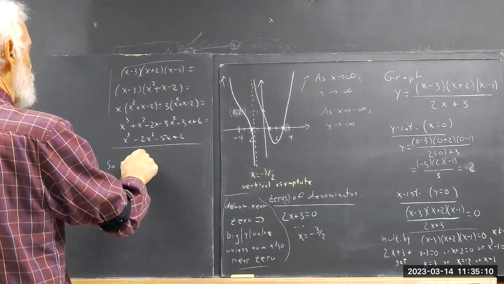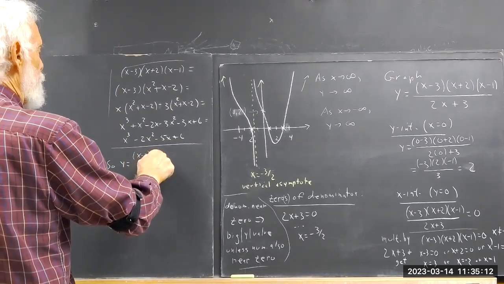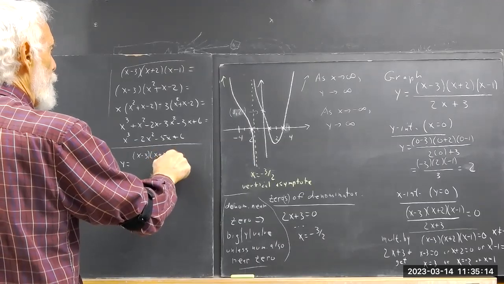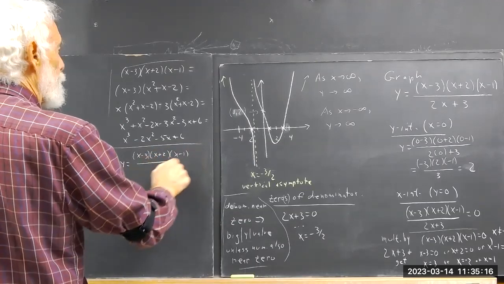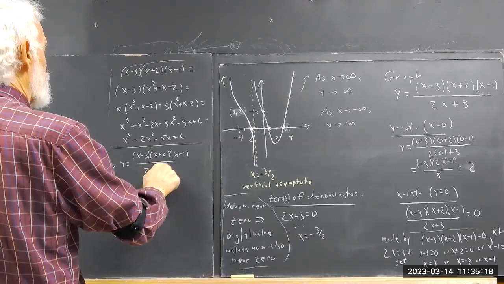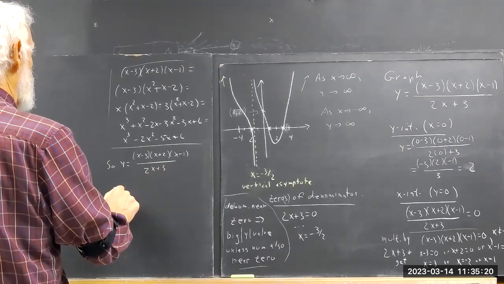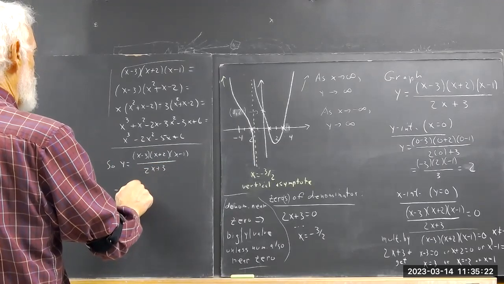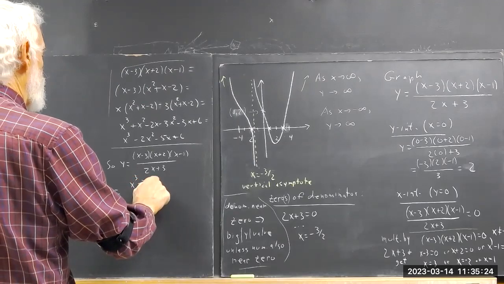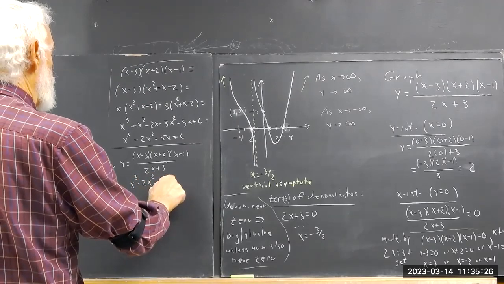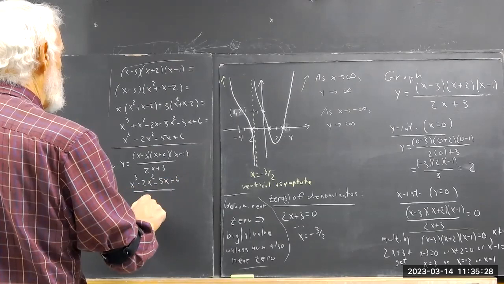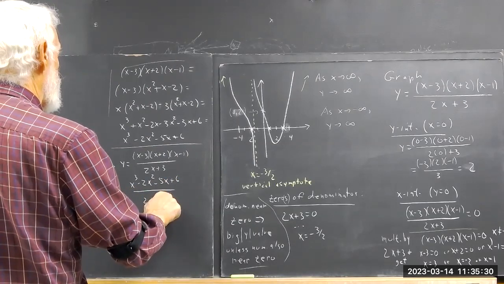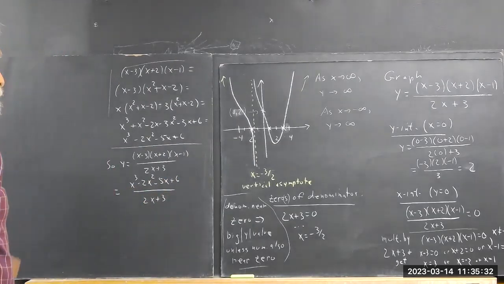So y equals (x minus 3)(x plus 2)(x minus 1) over 2x plus 3, which equals x cubed minus 2x squared minus 5x plus 6 over 2x plus 3.